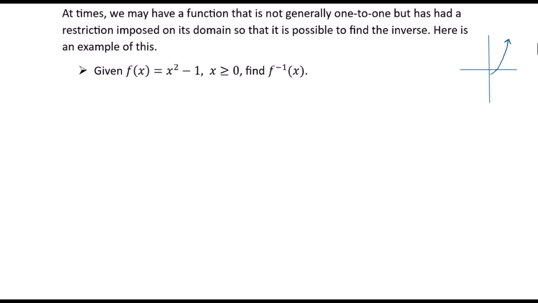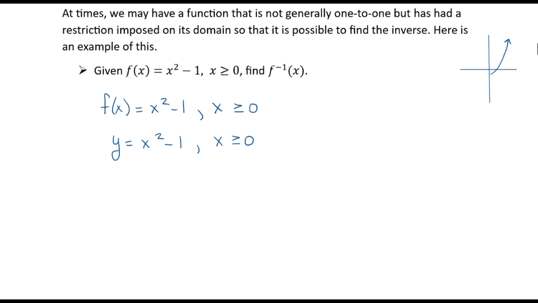All right, so we're going to start out with f of x equals x squared minus 1, x is greater than or equal to 0. Y equals x squared minus 1, where x is greater than or equal to 0. Just getting rid of the function notation.